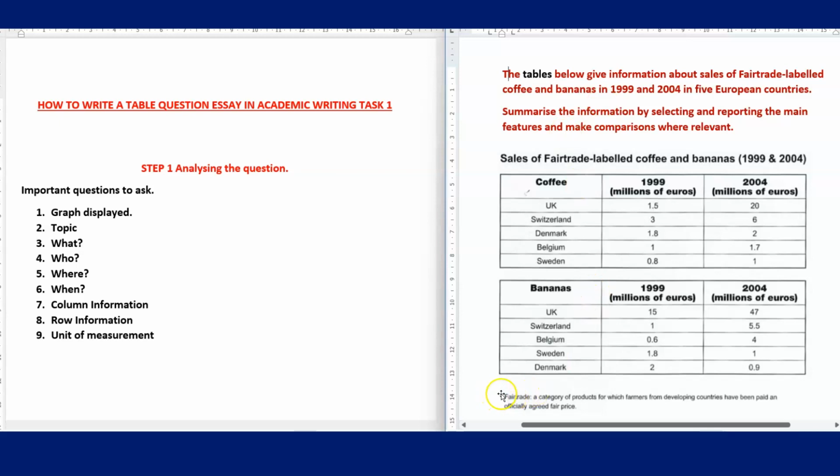As you come down here, you can see there is an asterisk showing us what a fair trade is. It says a fair trade is a category of product for which farmers from developing countries have been paid an officially agreed price.